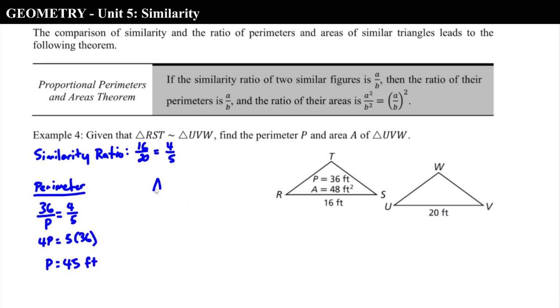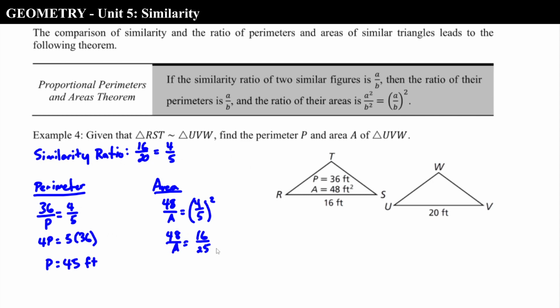Now to find the area, you are going to take the 48 and compare that to the area we don't know, but you're going to have to take the 4/5 and you're going to have to square it. So before we can cross multiply, you have to do that squaring. That's 16 over 25.